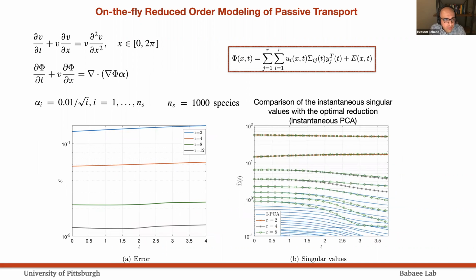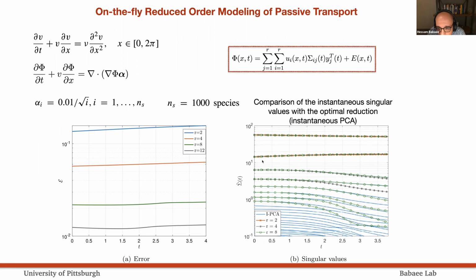And here is an error convergence plot where, when we add more modes, we show that the error is quickly decaying. This is the Frobenius norm error between all species computed in the full dimensional case and computed in the reduced form.